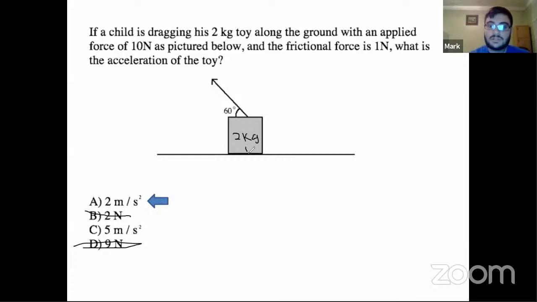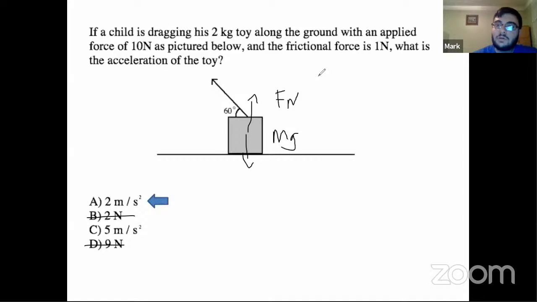Using all the known forces, we know that gravity is always downward, mg, and there is a normal force, so we'll just call it Fn for now, along the ground with an applied force of 10 newtons. So we know there's a force this way of 10 newtons.